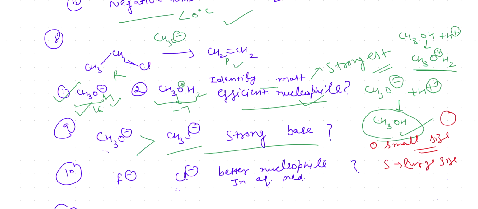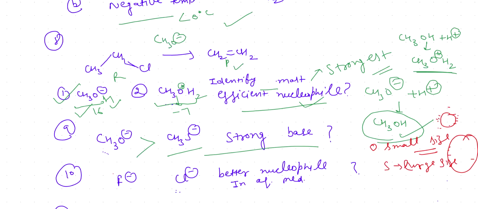The negative charge is concentrated on a smaller area in oxygen, but in the case of sulfur, the negative charge is highly diffused. It is not concentrated. So O negative can attack more easily as compared to S negative. In this, the electron density is more as compared to the other base. So that's why methoxide is the stronger base.